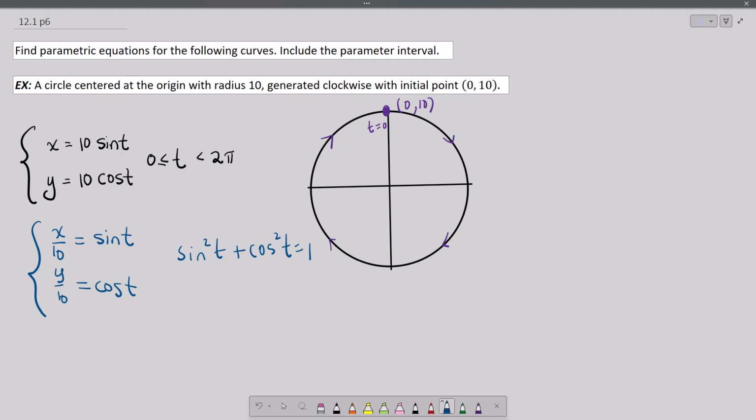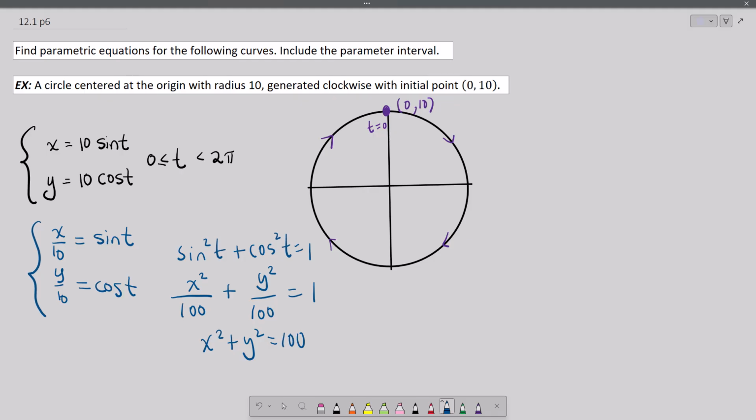So if we square sine, we're going to get x squared over 100 plus y squared over 100 equals 1. And so then when we multiply both sides by 100, we will get a circle of radius 10.